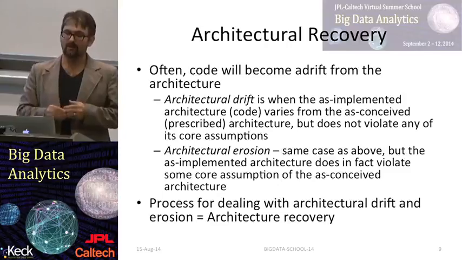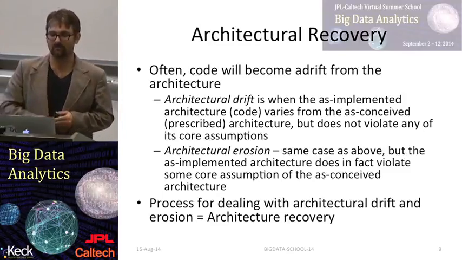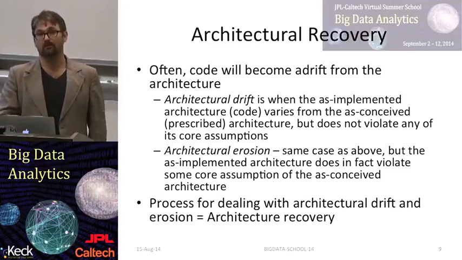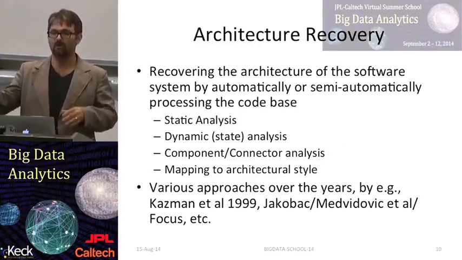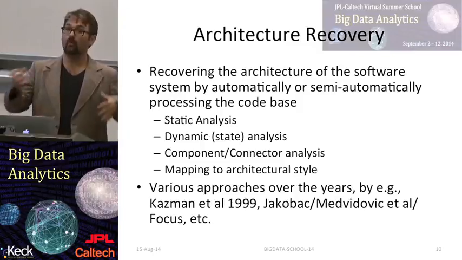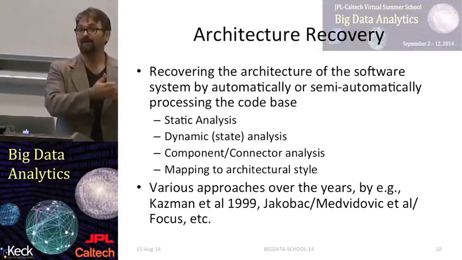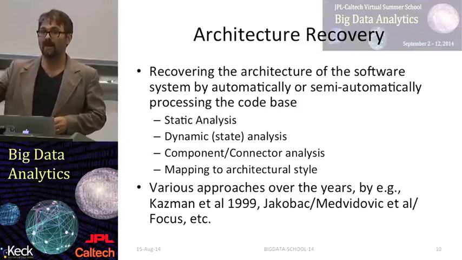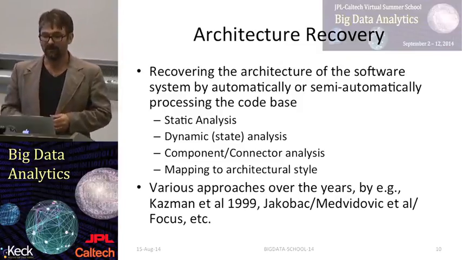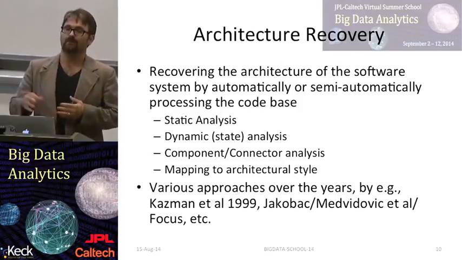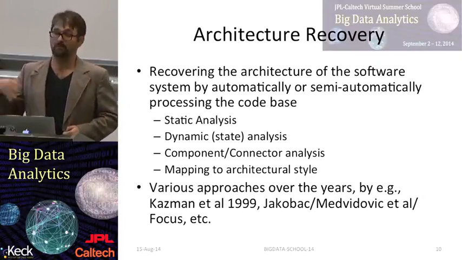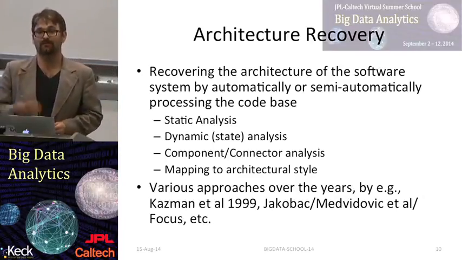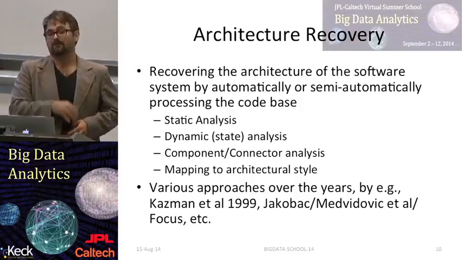Either way, there are processes for dealing with architectural drift and erosion, and that process is called architecture recovery. Basically, architecture recovery is the act of recovering the architecture or an architectural model, an instance of an architectural model, from the as-implemented architecture or from the code. And this is the best way to ensure that we actually know what the true architecture of the system is, because the code is the most living, canonical representation of your software system, period, right?